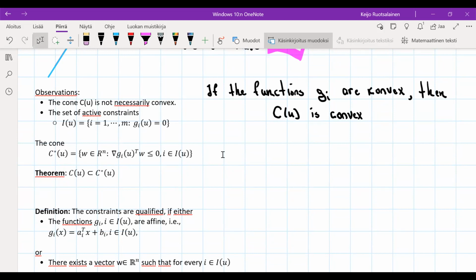So for example, lately I have been involved with an optimization problem related to water distribution networks. You have a city and you have a reservoir.